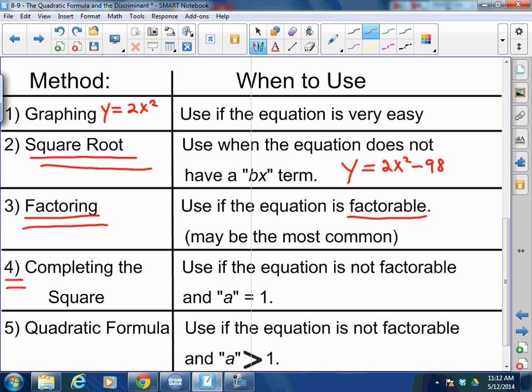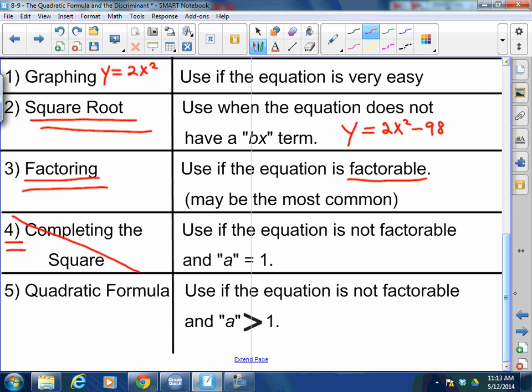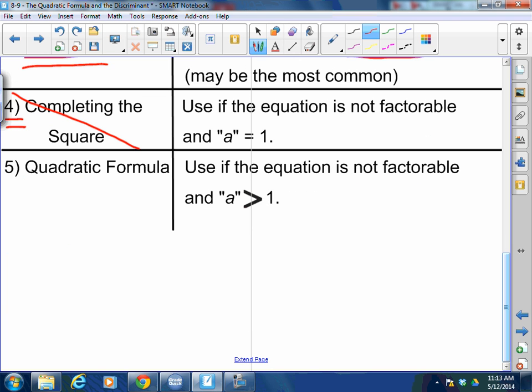We went ahead and skipped that for this year. But it's not a big deal because the quadratic formula is even more powerful than completing the square.